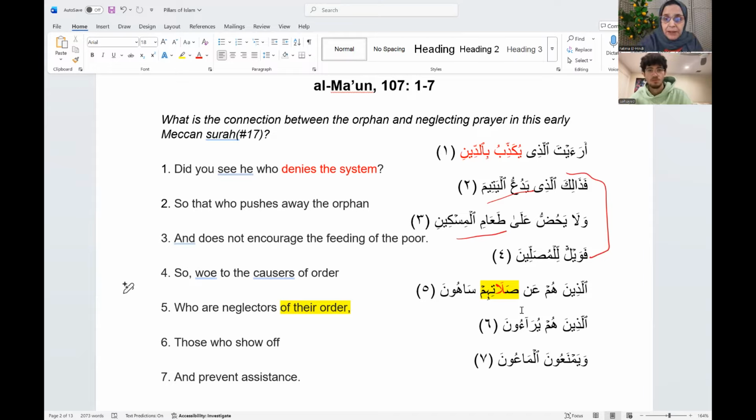Yet look what's happening, whether in our time or before. It's always a show off, but in reality, they're preventing assistance. America is one of the richest countries in the world, yet people cannot afford medical bills. They cannot afford living.